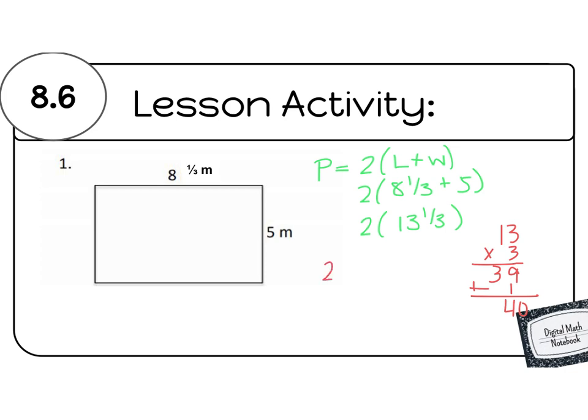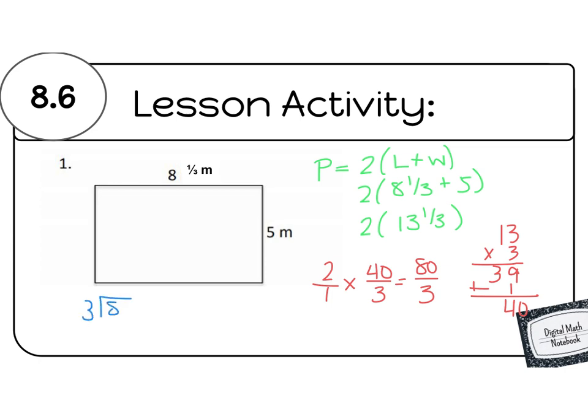So this would be 2 over 1 times 40 over 3. 2 times 40 is 80, and the 3's on the bottom. Now, 80 thirds is improper, so before we're done, we need to divide to simplify.